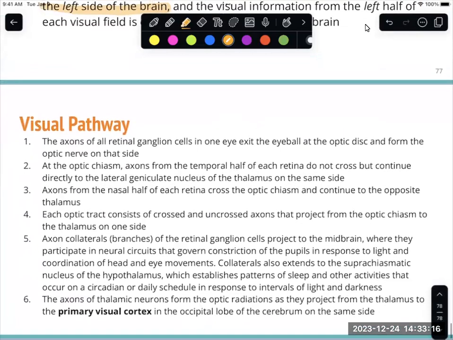So this goes through this whole visual pathway that I showed in the picture up above, showing that information coming in goes through that optic disc, goes through that optic chiasm. Some of these fibers are going to cross over. They're going to go through the thalamus, that geniculate nucleus, and then they're going to go all the way back to that primary visual cortex of the occipital lobe.